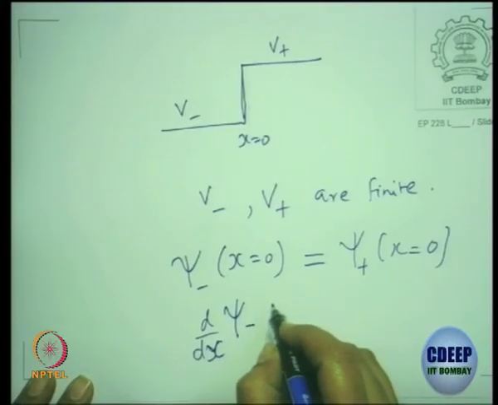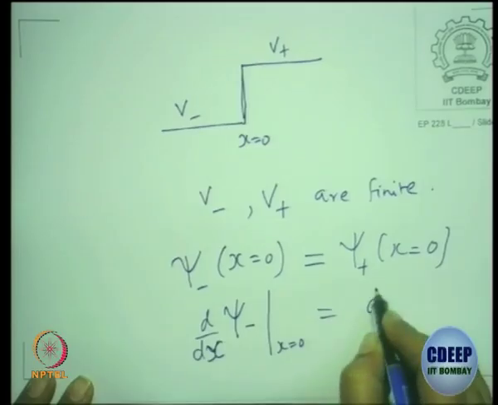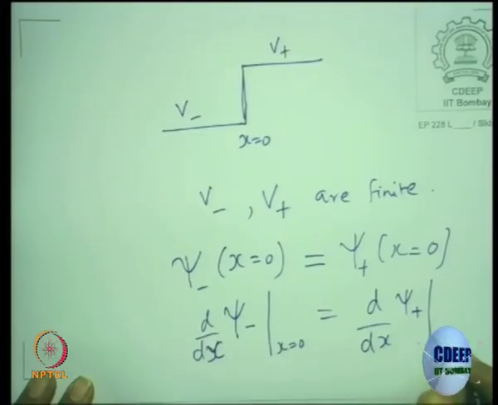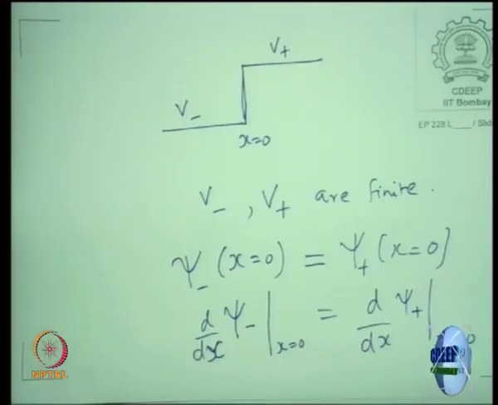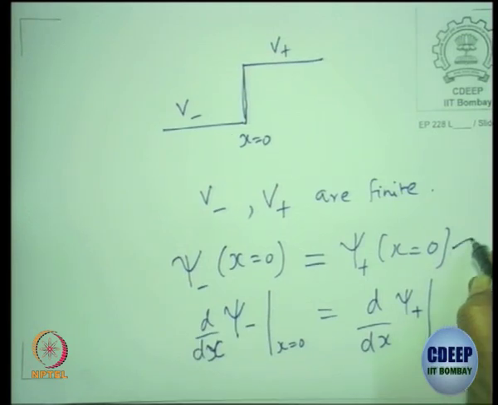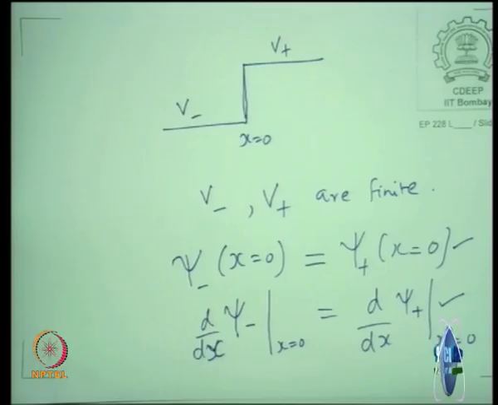So, this is psi minus evaluated at x equal to 0 should be same as on psi plus at x equal to 0. So, this is continuity of wave function, this one, and this one was continuity of derivative of wave function for finite potential. But once I do a particle in a box, which one is removed? The second one is removed. Why? Do you know the reason?